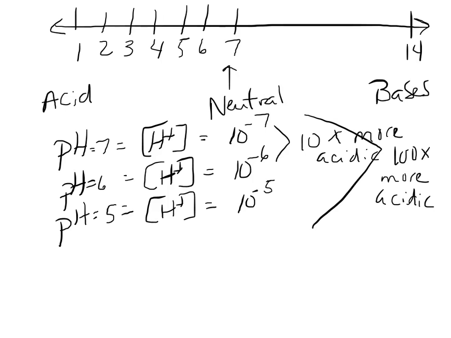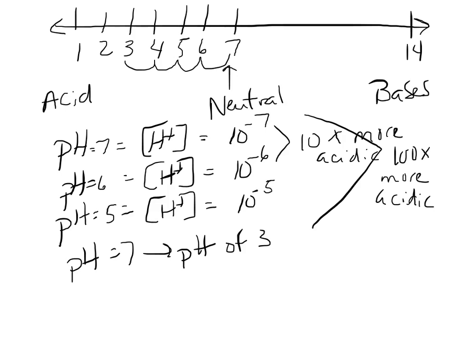Okay. And if you would go from like 7 to 3, so a pH of 7 to a pH of 3, if you look up here, you're going to move 1, 2, 3, 4. It's going to be 4, not just 4 times, it's going to be 10 times 10 times 10 times 10. So moves 4 powers of 10.